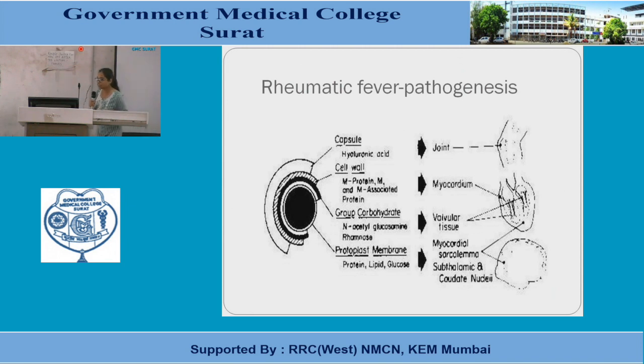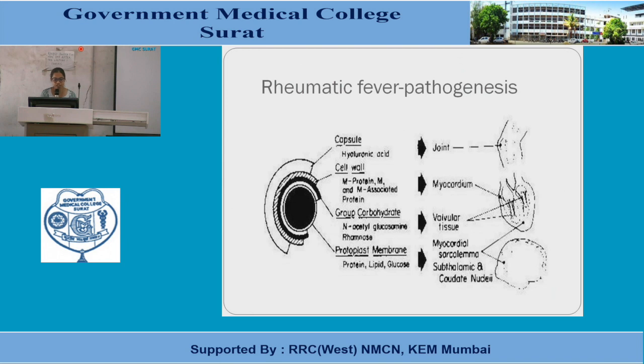In this figure, due to the antigenic similarity of hyaluronic acid in the capsule of streptococci and the human connective tissue of joint, the antibody produced against hyaluronic acid will attack the joint and cause arthritis. Similarly, due to the similarity between the M protein in the cell wall and in the myocardium, the antibody produced against M protein will react with myocardium and cause pancarditis.